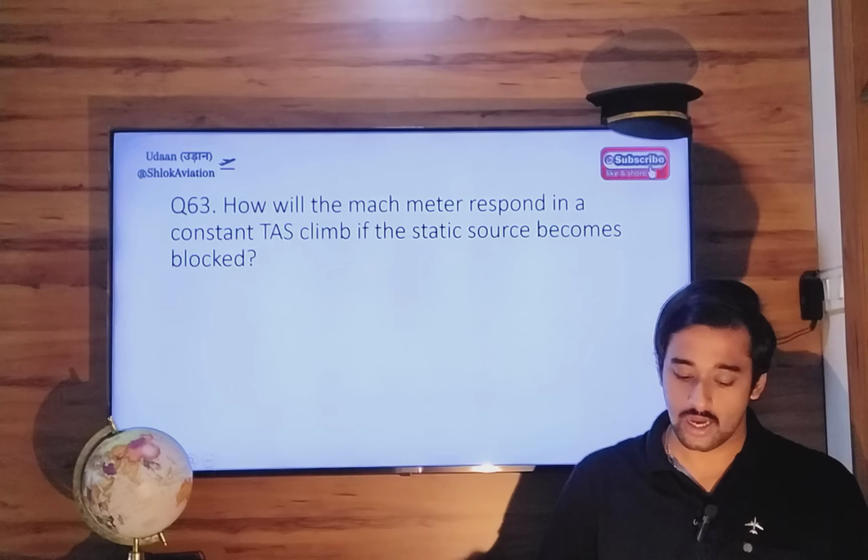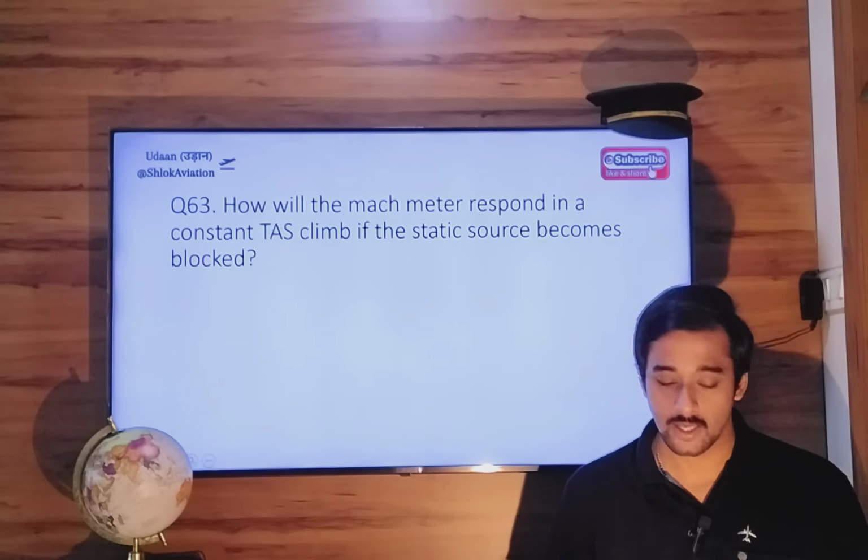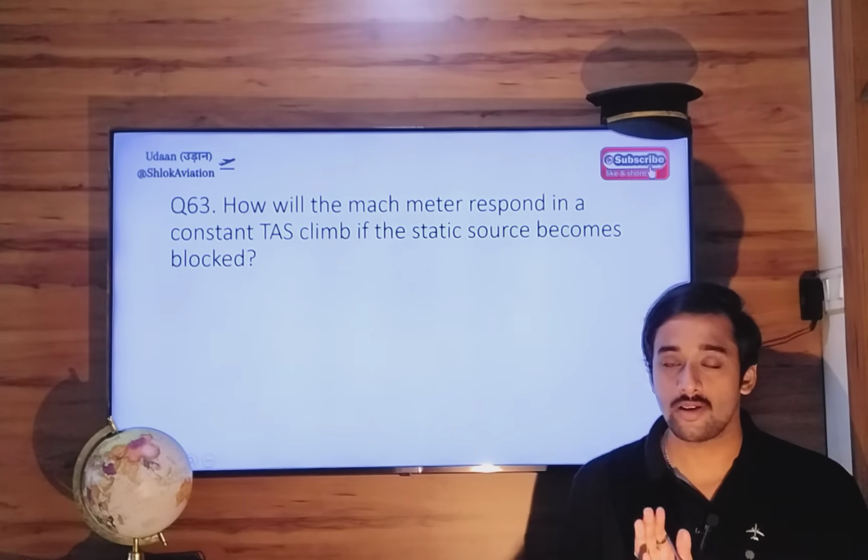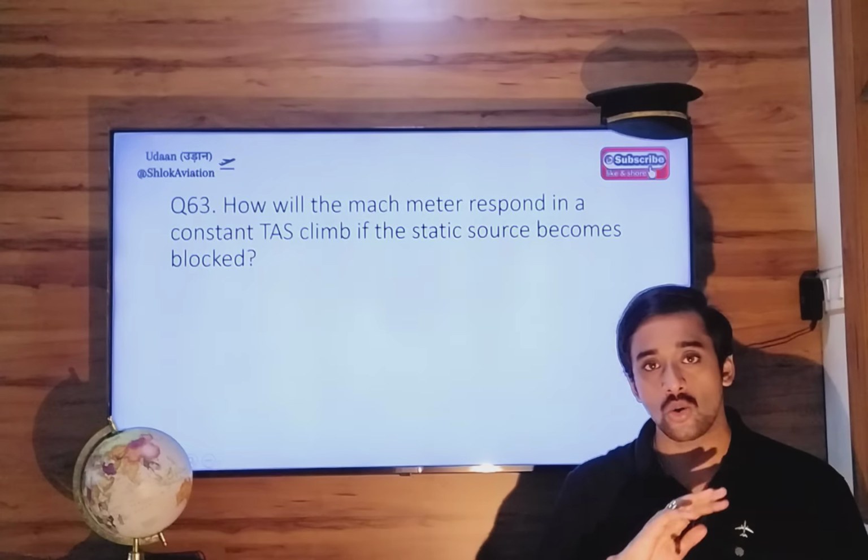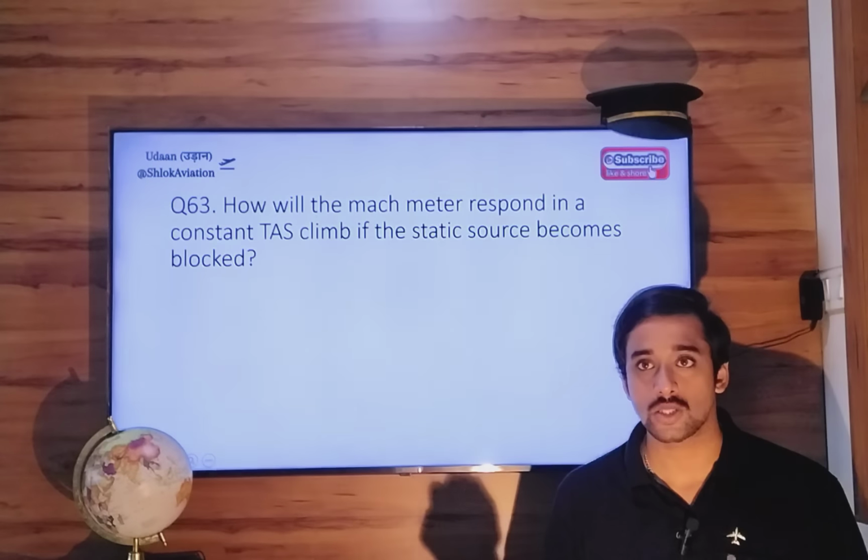Next, how will the Mach meter respond in a constant true airspeed climb if the static source becomes blocked? Again, this question has two parts. We will check part number 1, in which everything is working fine. There are no blockages in the static ports or pitot tube.